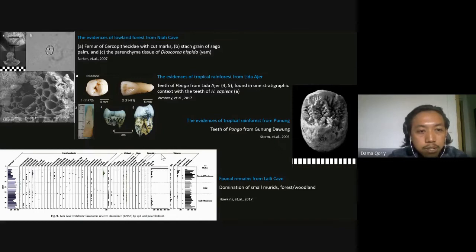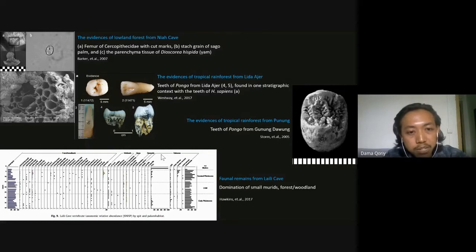There is a femur of Cercopithecidae with cut marks, and also some vegetal remains from yam and from sago palm. It shows lowland forest, not tropical forest, but lowland forest.